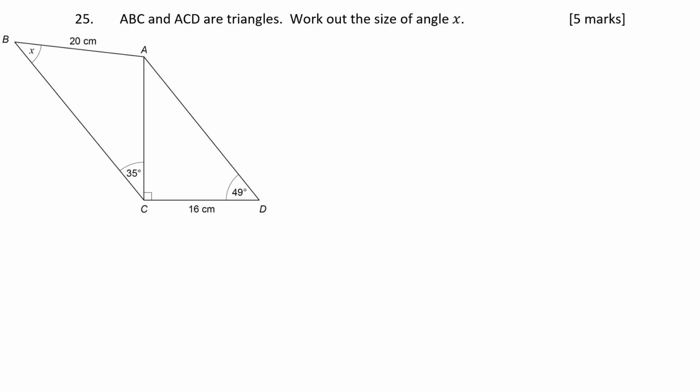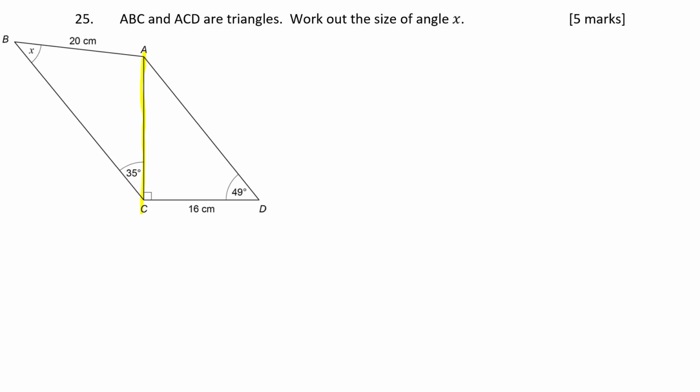What can we do? In triangle ACD, what do I want to find out? I want to find angle X. So, to find X, I think probably what I need to do is try and find this length first, AC.